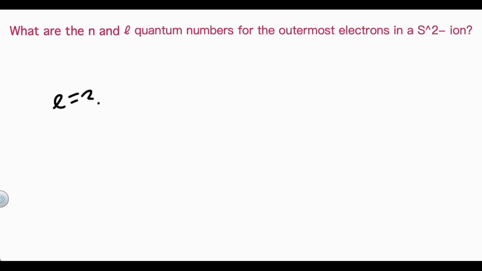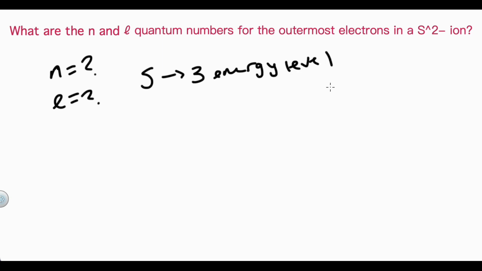So we're looking for n and l. In another tab, pull up a picture of a periodic table, and you'll be able to see that sulfur is in the 3rd energy level.